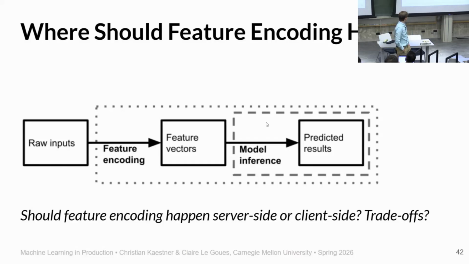What's a drawback of doing this on the client side? Have you heard of training testing skew? What if your feature encoding ever changes?